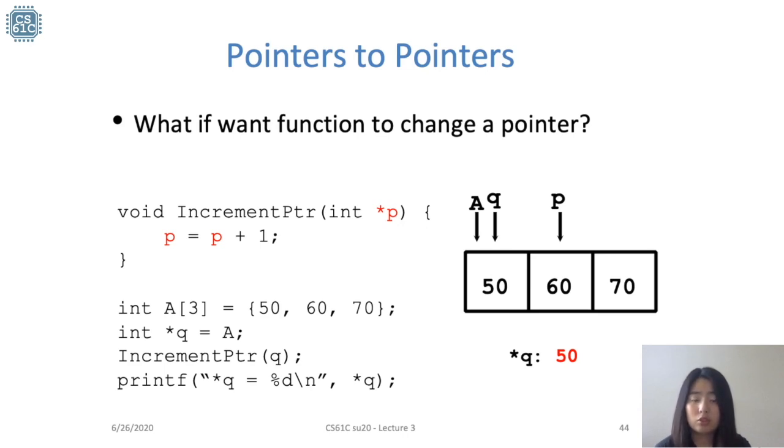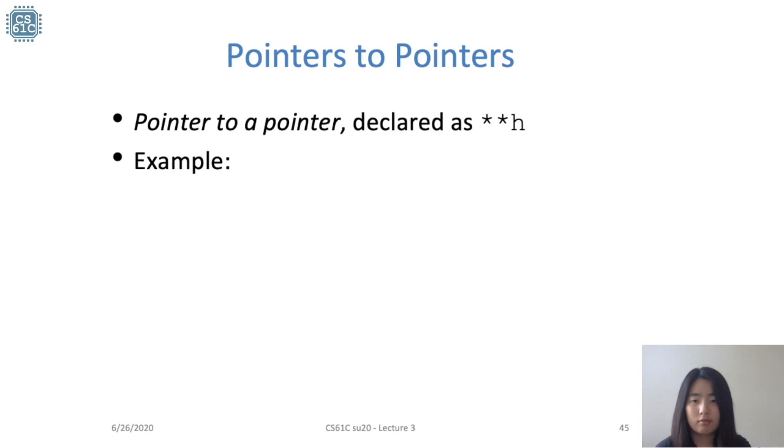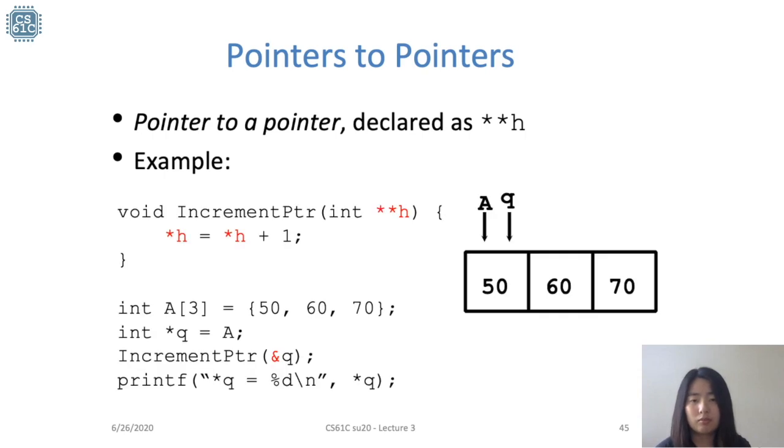But what if we want to change Q? What if we want to move Q to the next element? How can we do that? The answer is we can pass a pointer to a pointer into this function. For example, right now, we're passing address of Q into the increment pointer function.